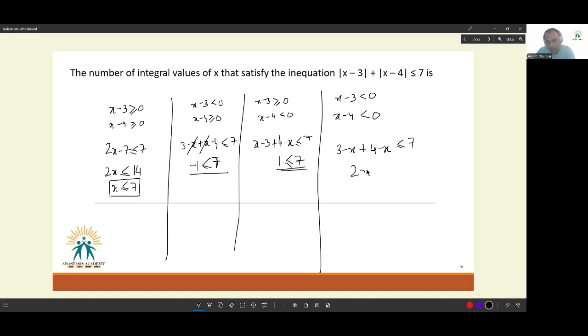So we get 2x is greater than or equal to 0, or x is greater than or equal to 0. One range point for x is identified here, one range point for x is identified here. So within this range, whatever is acceptable from 0 to 7, there are going to be 8 integral values. Now, this is a simple version of the question. This is a very, very simple version of the question.